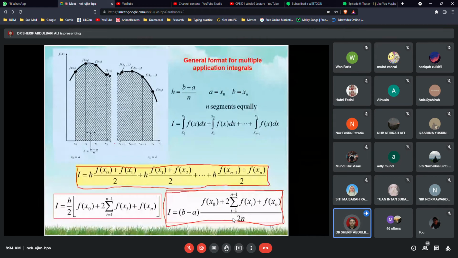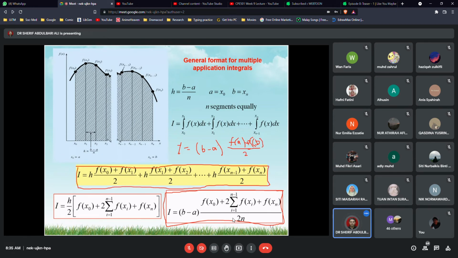If we are talking about the original equation, the integral will be equal to h, which, as previously remembered, is the integral equal to b minus a times the function of a and the function of b over 2, right?